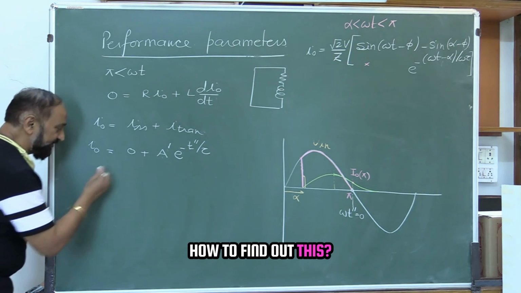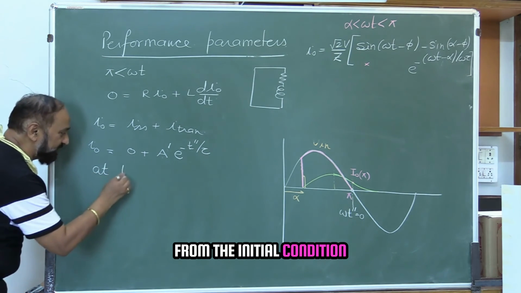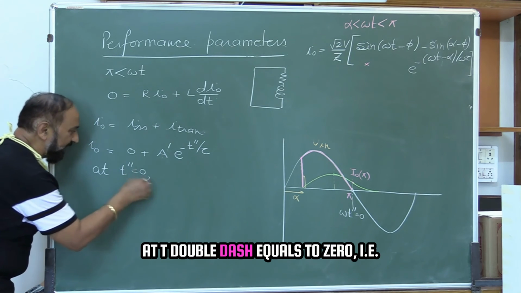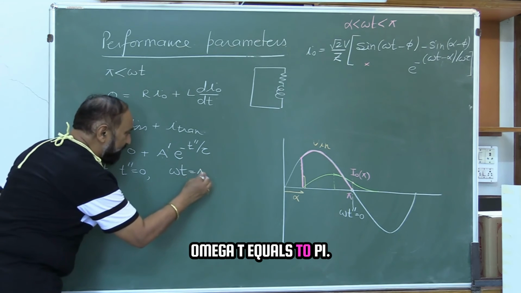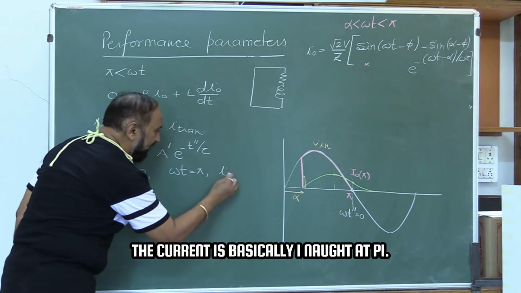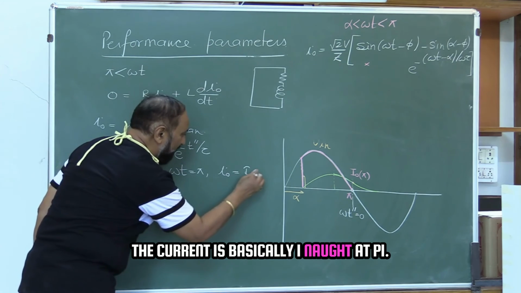How to find out this? From the initial condition at t double dash equals 0, that is omega t equals pi, the current is basically I naught at pi.